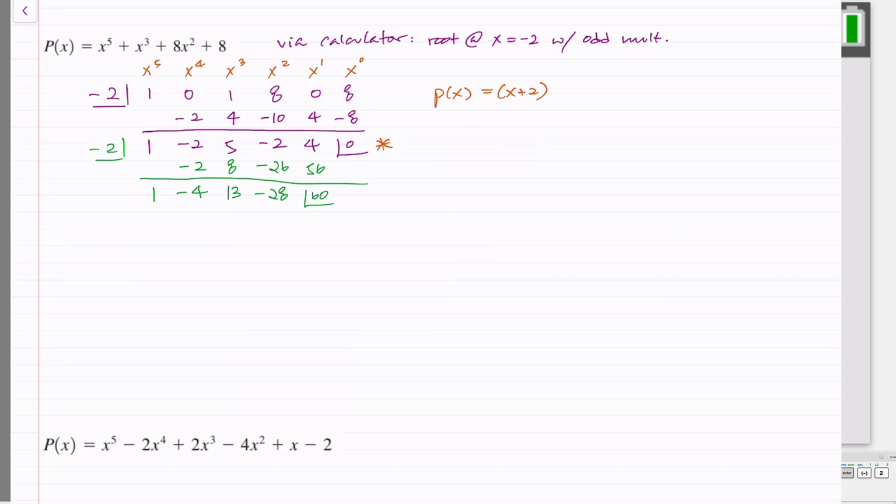And then the power is going to drop by 1. So as we rebuild that quotient going from right to left, the power on the first term, the coefficient of 1, is going to be x to the 4th. So we're going to have x to the 4th minus 2x cubed plus 5x squared minus 2x plus 4.